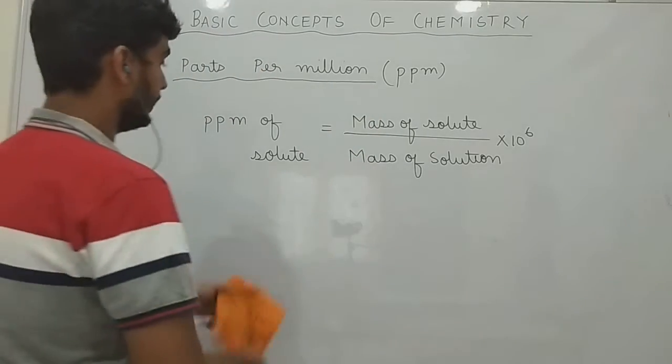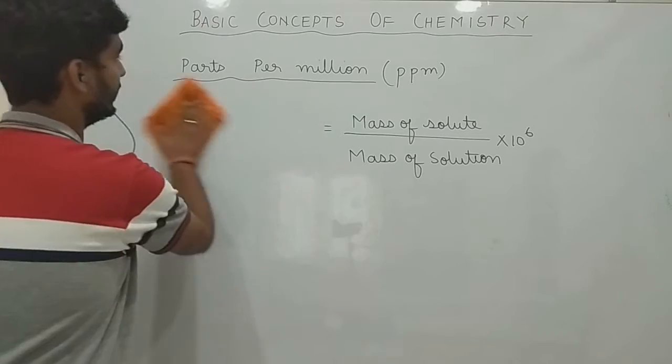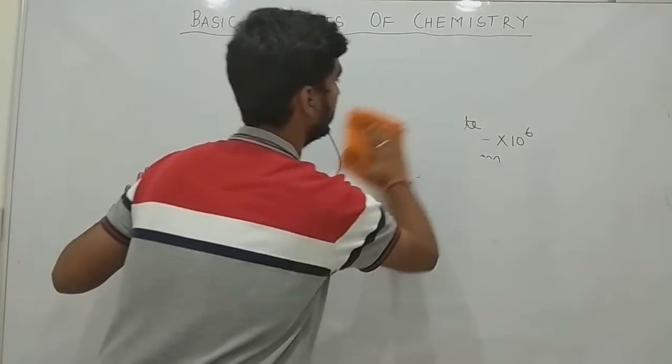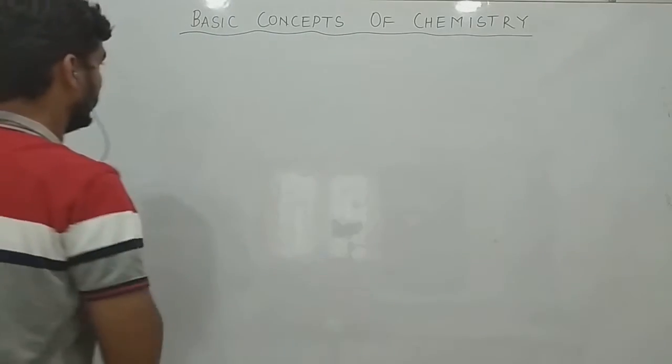So let us see a question, a very easy question, just to familiarize you with the formula. I'll rub this so that I can use the entire space for the question.